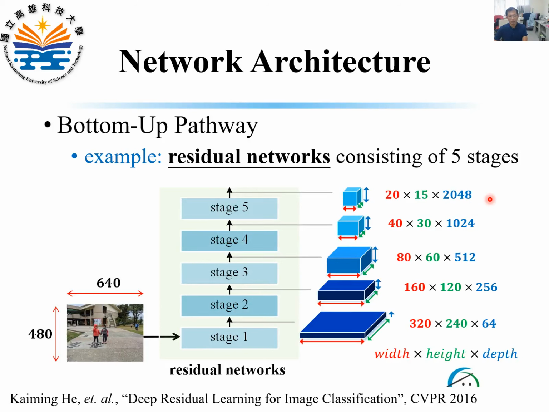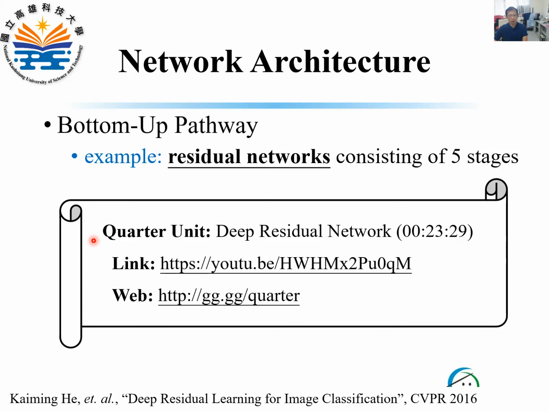The channel numbers of these 5 feature maps are 2048, 1024, 512, 256, and 64 respectively. The detailed description of the residual networks can be found from our YouTube video named Deep Residual Network via this link or the website.